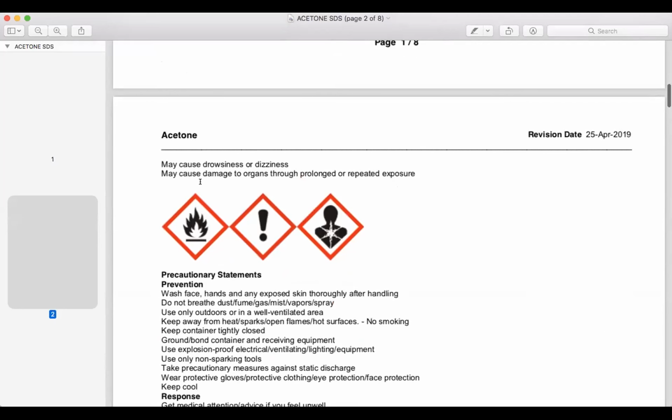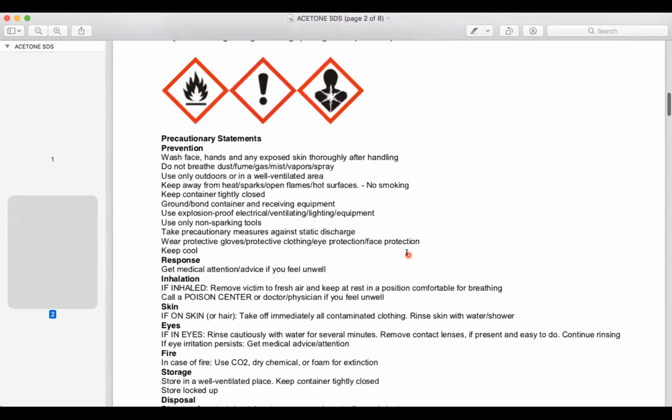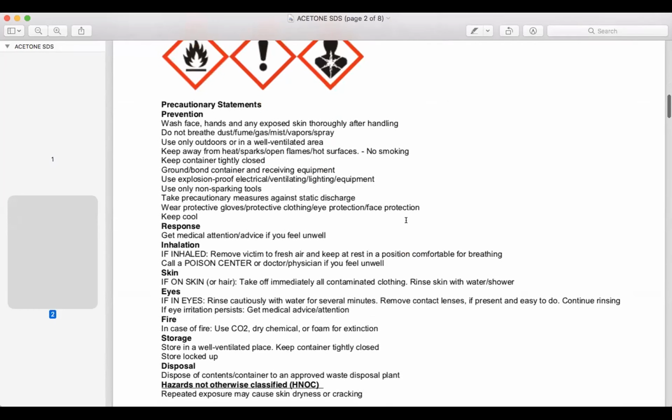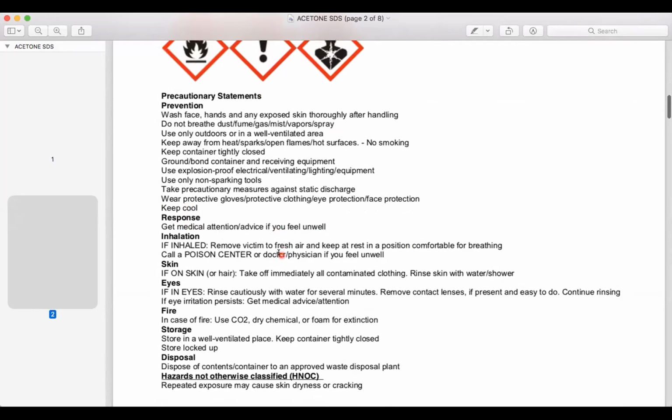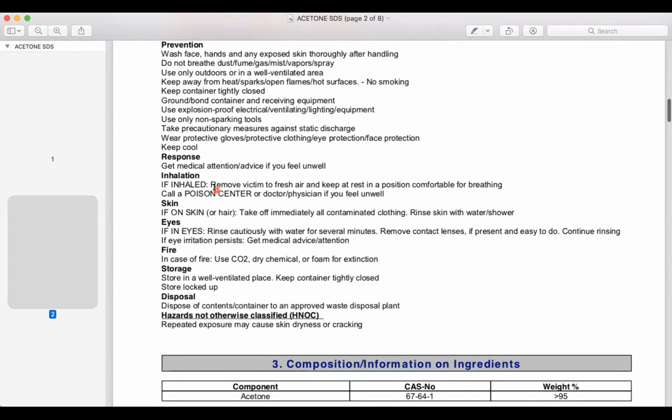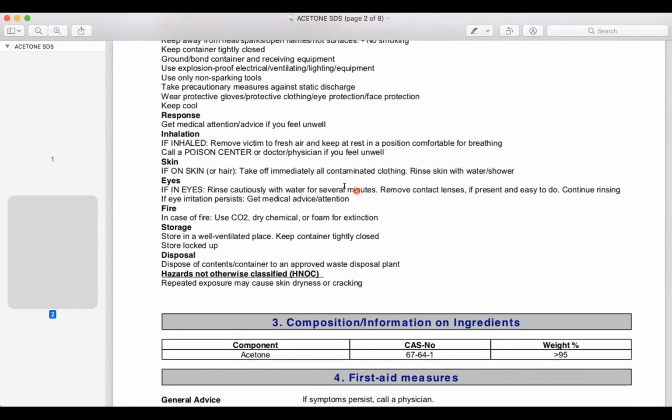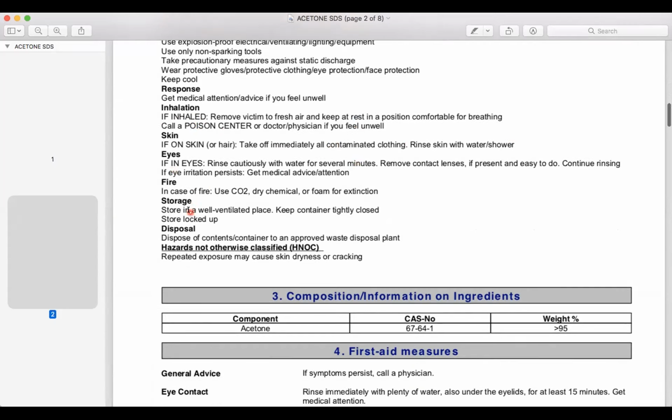Then we have all of our various GHS symbols, how to prevent too much exposure, what to do if you think you may have been exposed, which essentially go to a doctor. If you inhale it, so again, fresh air is most important, especially because a lot of the time it's under inhalation. And then good old fashioned, if exposed to skin or eyes, rinse it off.